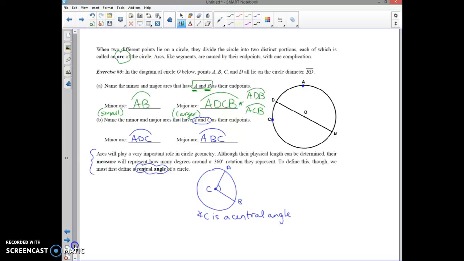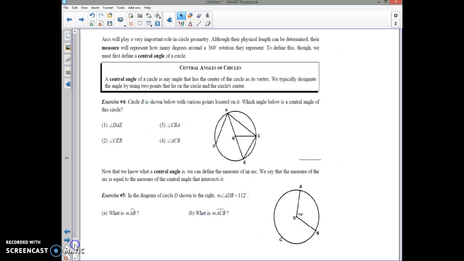In this particular case, the measure of the angle C equals the measure of the arc that is created, in this case, AB. So if this is 75 degrees, then the arc is 75 degrees. Really important for you to recognize the measures of central angles. Pause if you need to get all these notes.